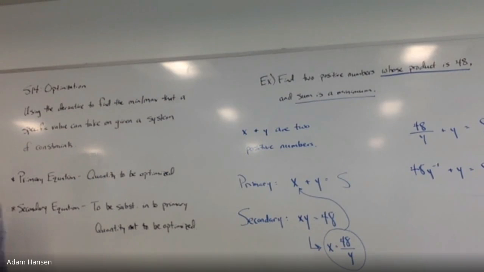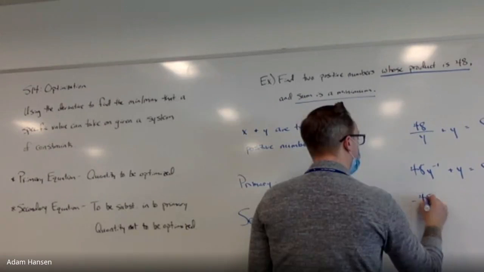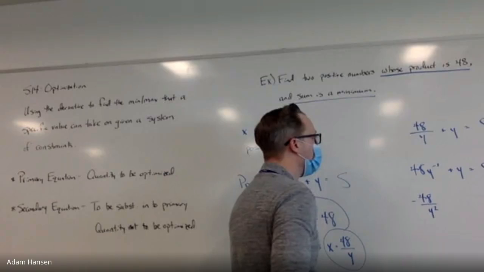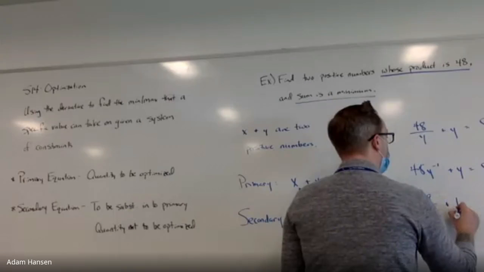Use the power rule. Right, so negative 48 over y squared. Let's call that s prime for the derivative.